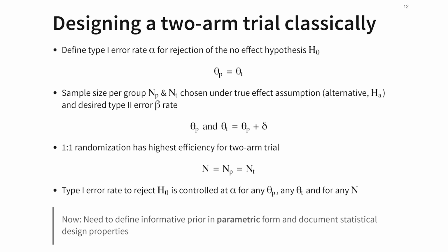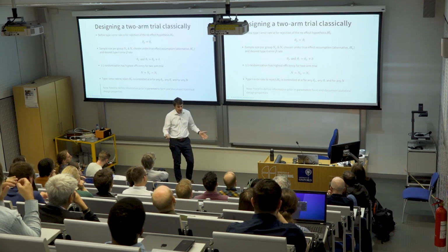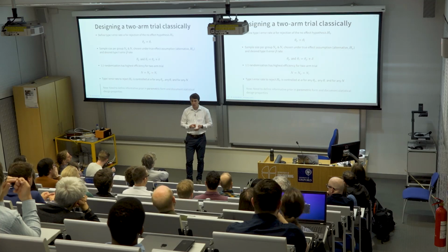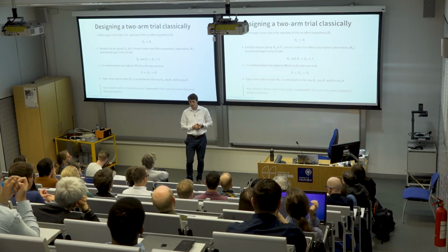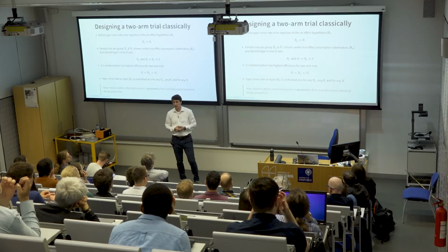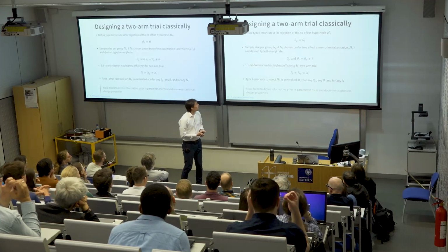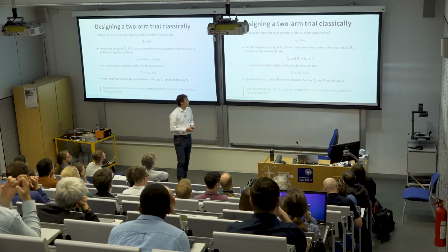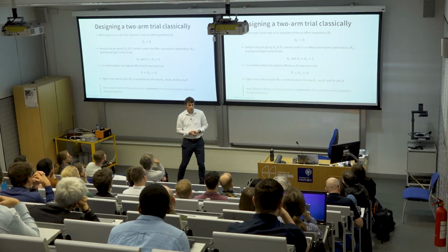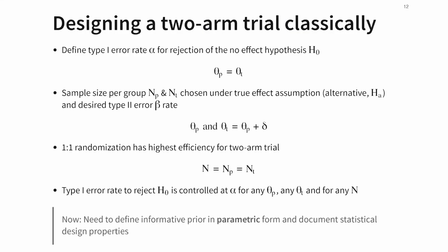And then you would wait maybe for 12 weeks, and after 12 weeks you make another assessment. And then you compare that to the baseline, and then you can find out if your treatment improved outcomes or not in comparison to control. And you would do that by first defining your type 1 error rate for rejecting the no effect hypothesis H0, which states that the effect parameter, denoted with theta p and theta t, is exactly the same in both groups.